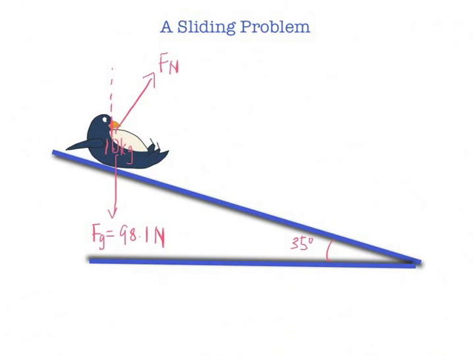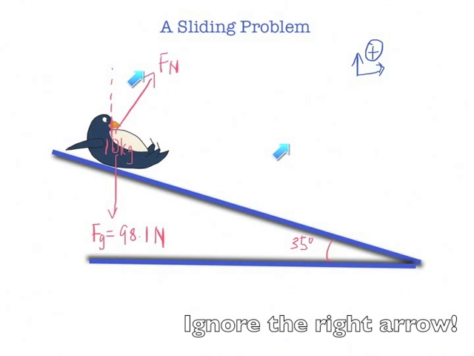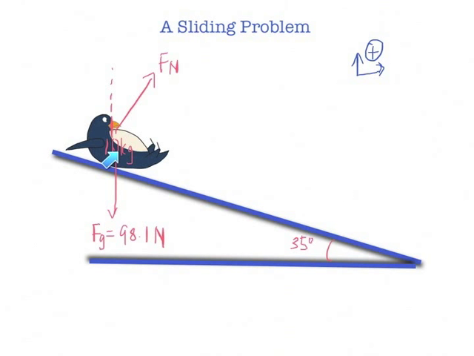So we have this. Now, I really have two options when setting up a coordinate system. Remember what I said before, that a coordinate system can be set arbitrarily as long as it's consistent. Choice number one would be to set it up like what we did before, with that being positive. That would mean I would have to break the normal force into its y and x components, and the weight force would be lying on the axis.